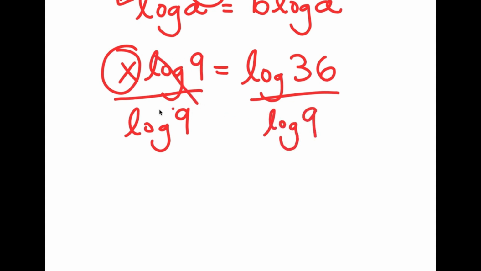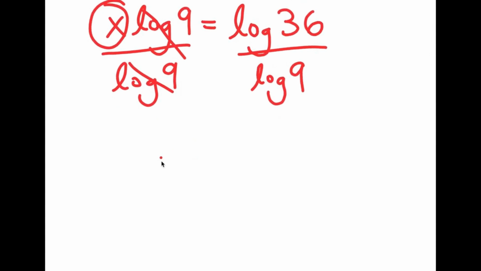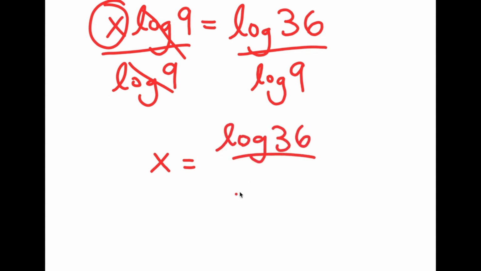So then these two log 9s cancel out, and I get x is equal to log 36 over log 9.